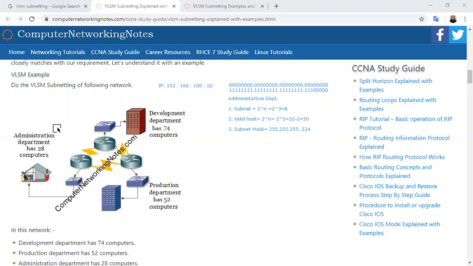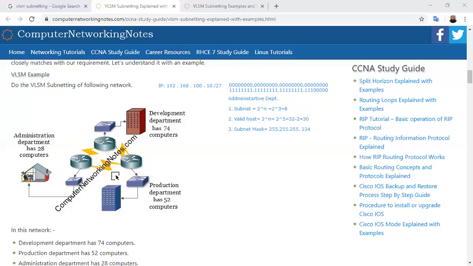So what is our answer? What should we write? Our answer is either the subnet mask or slash 24, 25, 26, 27. Here you can put slash 27. This is our actual answer.